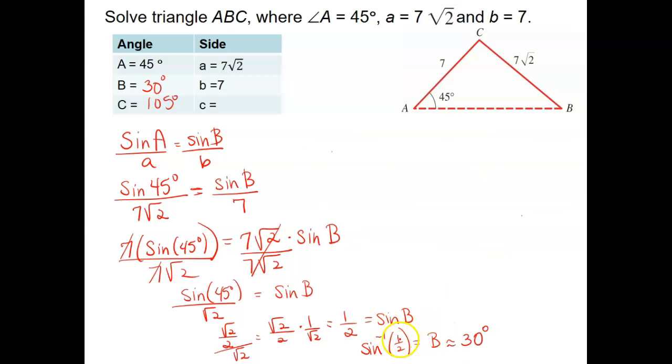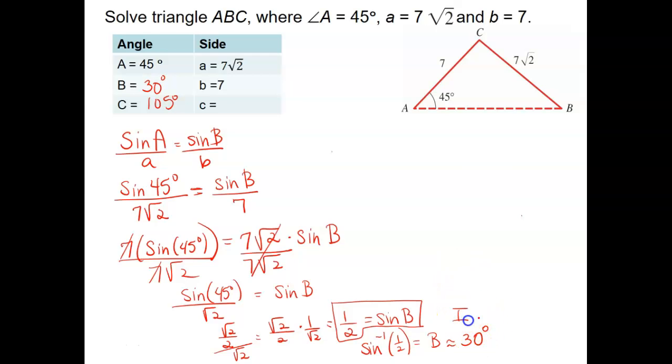Okay, if you recall in section 6.4, we talked about solving equations that looked like this, and the fact that when we're solving them and our domain is restricted to 0 to 180 degrees, then sine can potentially have two solutions. So the first solution we get by just doing inverse sine of 1/2, and you can either look on your unit circle or put that in your calculator, and you'll get 30 degrees.